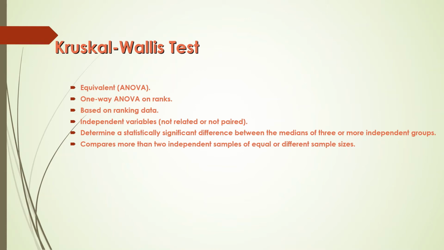The test compares more than 2 independent samples of equal or different sample size. To do the test, the data are not normally distributed. This test is for not normally distributed data. The data can be either ordinal or continuous.